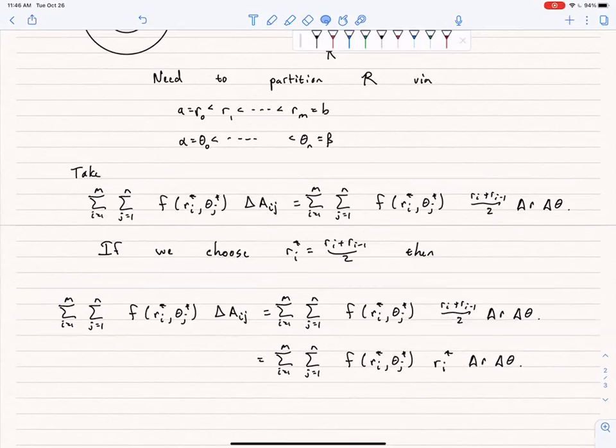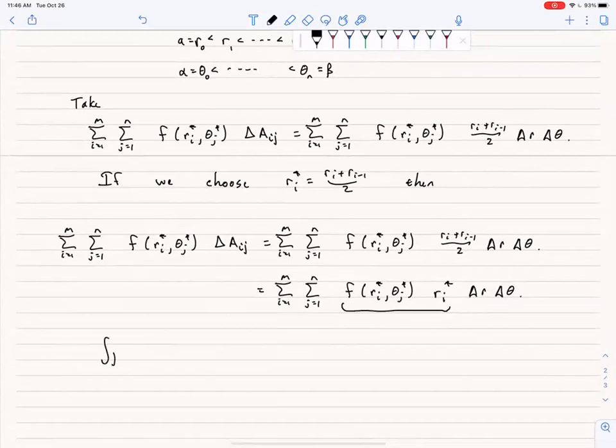In other words, we're partitioning an ordinary rectangle in polar coordinates. It's a polar rectangle when we look at it in Cartesian space, but in polar coordinates, this looks like an ordinary rectangle and an ordinary Riemann sum, not of the function f, but of the function f times r.